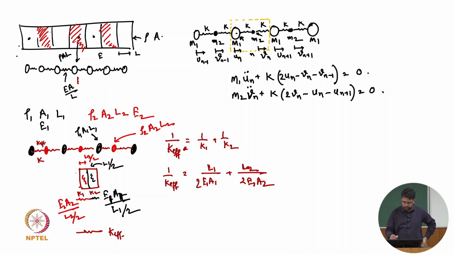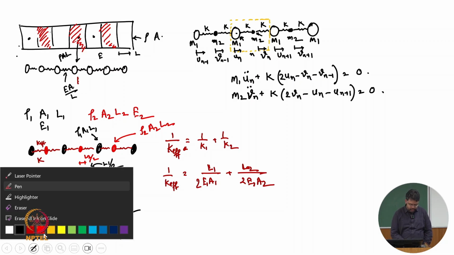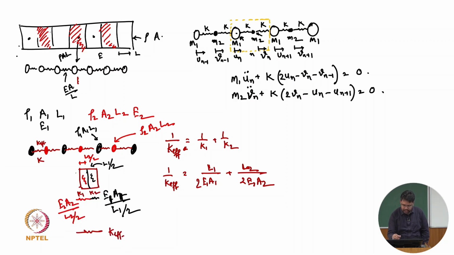So now what we can do, we can implement the Bloch theorem. How will the Bloch theorem work here? You can see that this mass and this mass can be correlated, because we have un plus 1 which does not belong to the nth unit, and we have vn minus 1 which does not belong to the nth unit.